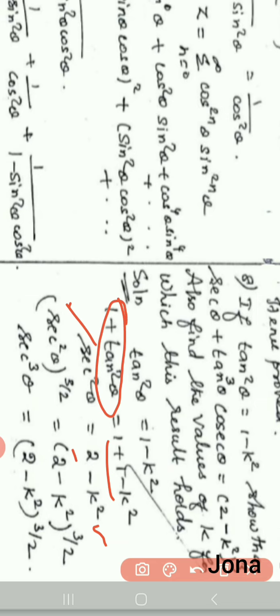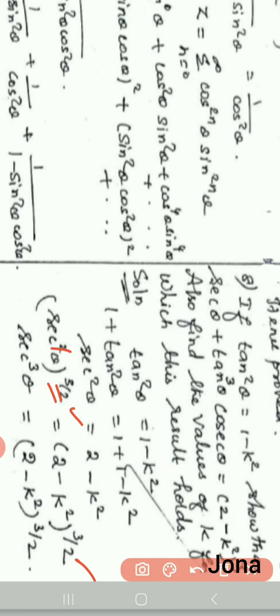And then I want to take 3 by 2 on both the sides. So secant square theta the whole power 3 by 2 equal to 2 minus k square the whole power 3 by 2. Taking 3 by 2 on both the sides, we will get like this.